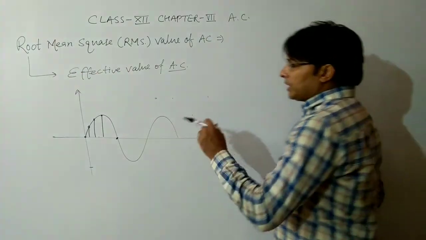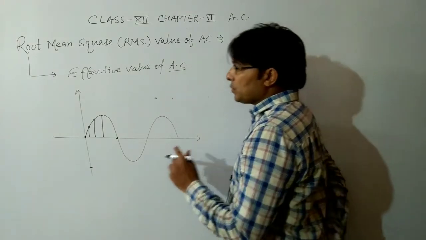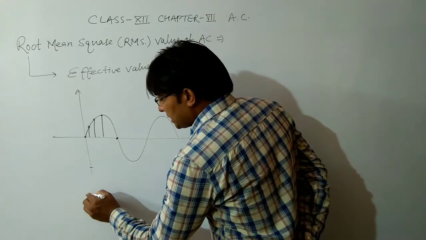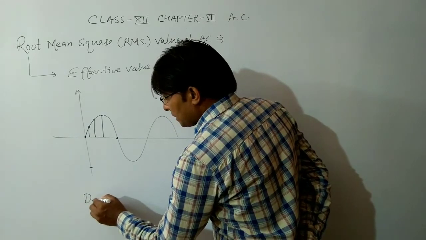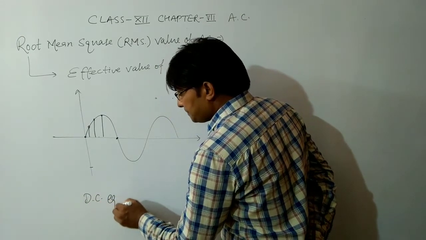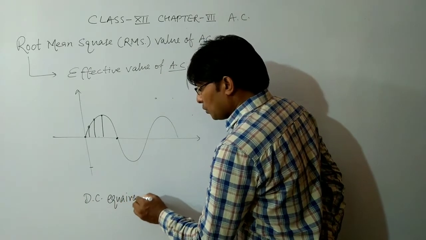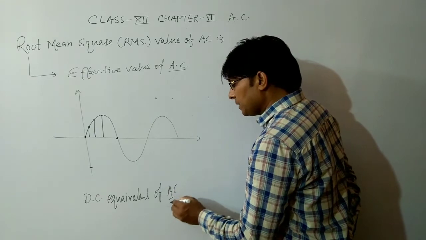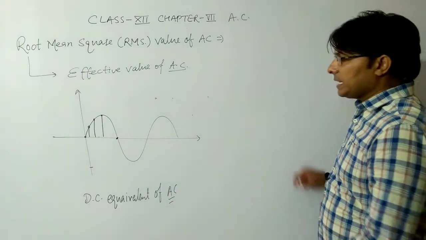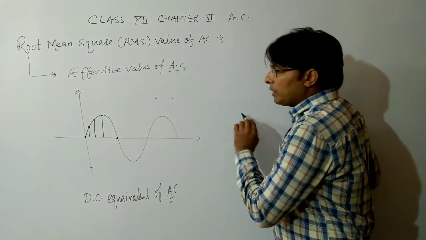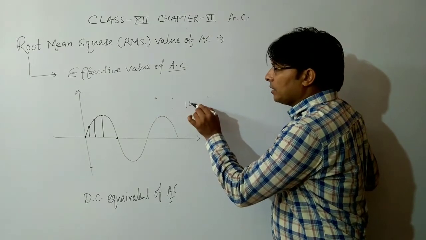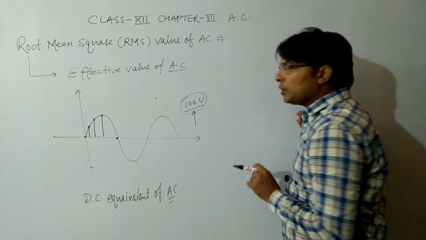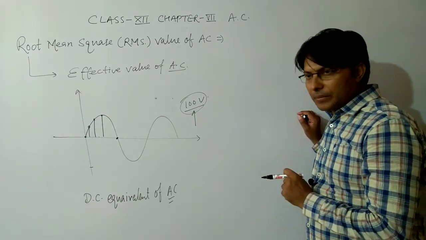So we can say that root mean square value of AC is the DC equivalent of AC. For example, if I say that I have the RMS value of AC as 100 volt, it means it is equivalent to 100 volt DC.